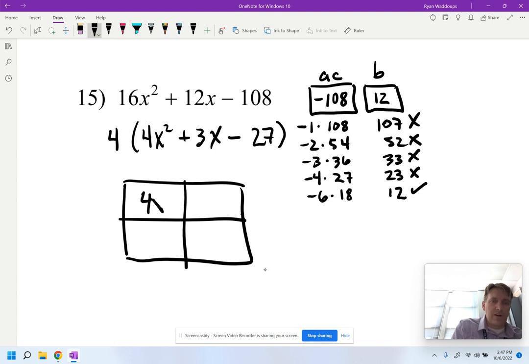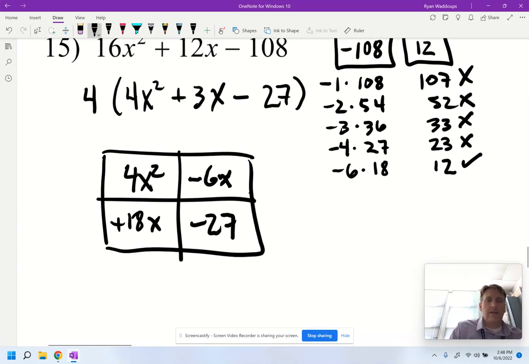and I put 4x squared here and negative 27, and I put negative 6x here and 18x here, and it doesn't matter if you switch those two, that's fine. It just changes where your factors end up, whether they're on the top or on the side.